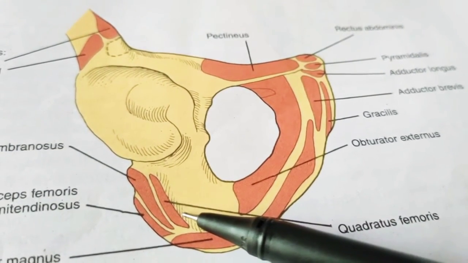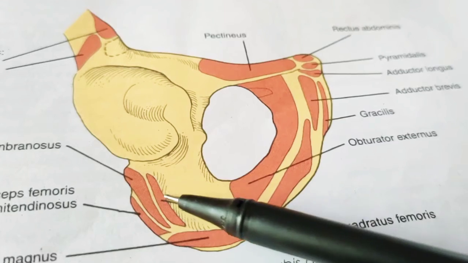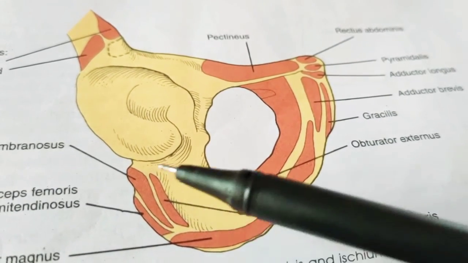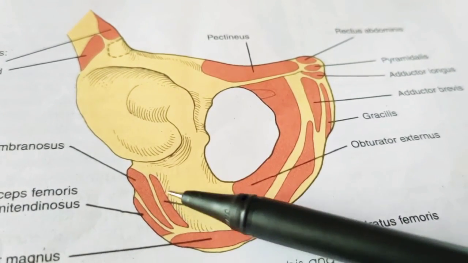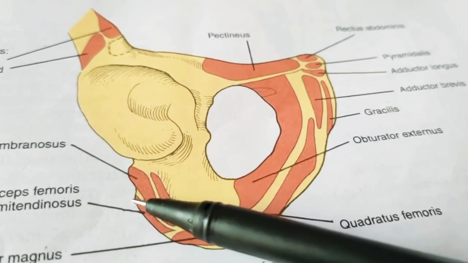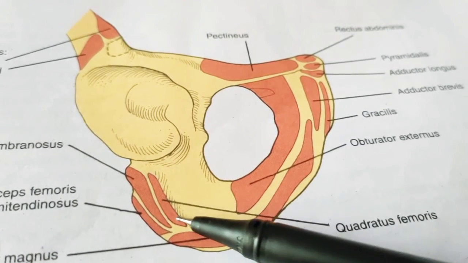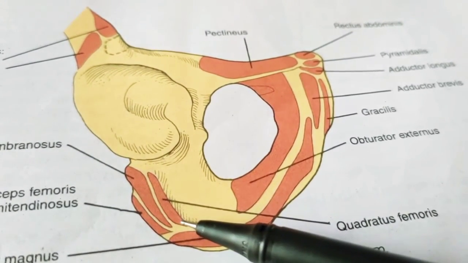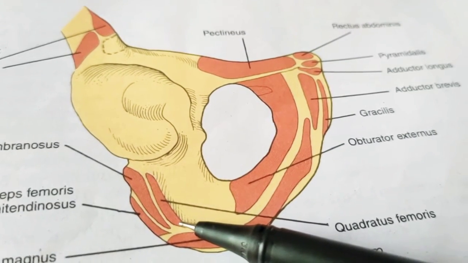This is getting its origin from the lateral border of the upper part of the ischial tuberosity. Here is the ischial tuberosity, right? So lateral to it, quadratus femoris gets its origin. Done.